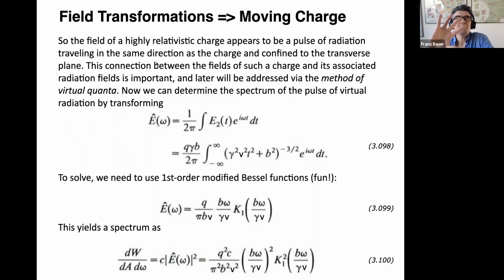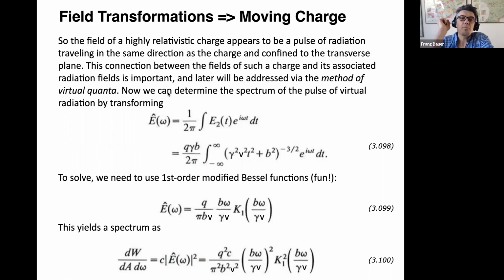And so this connection between the two, or this apparent approximation, is what we call the method of virtual quanta. We'll use this later on to simulate what light would look like if we had a particle which was going essentially at the speed of light.